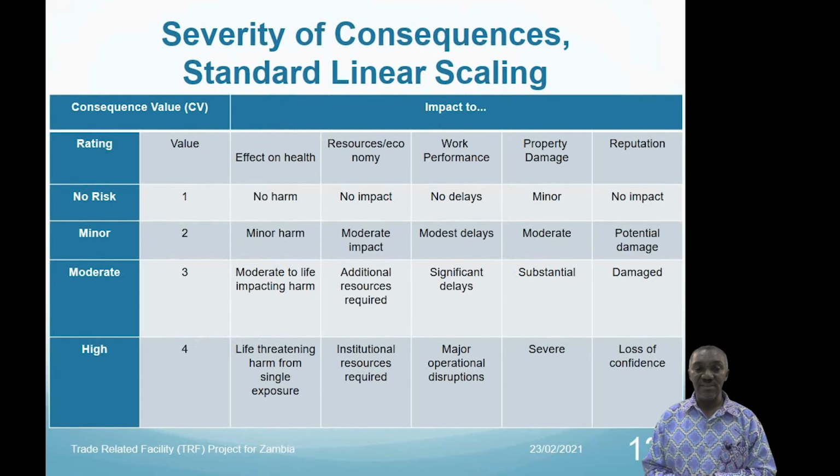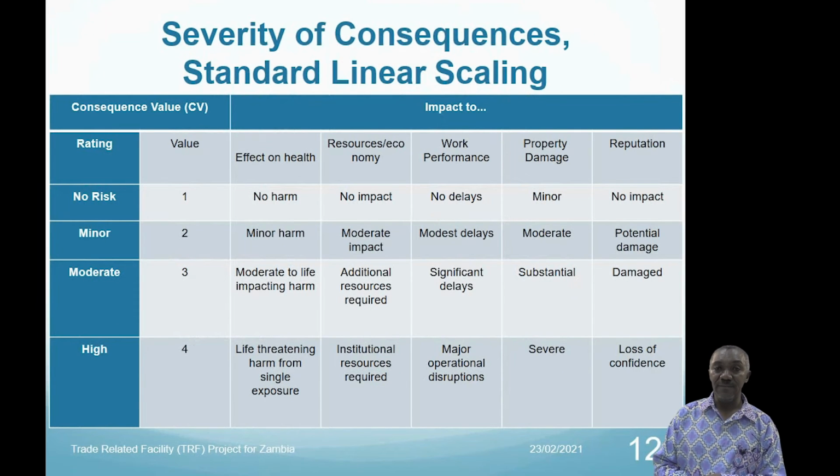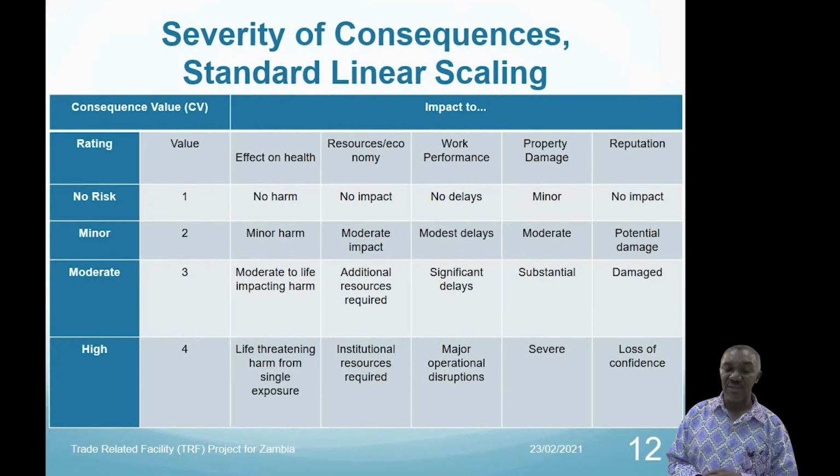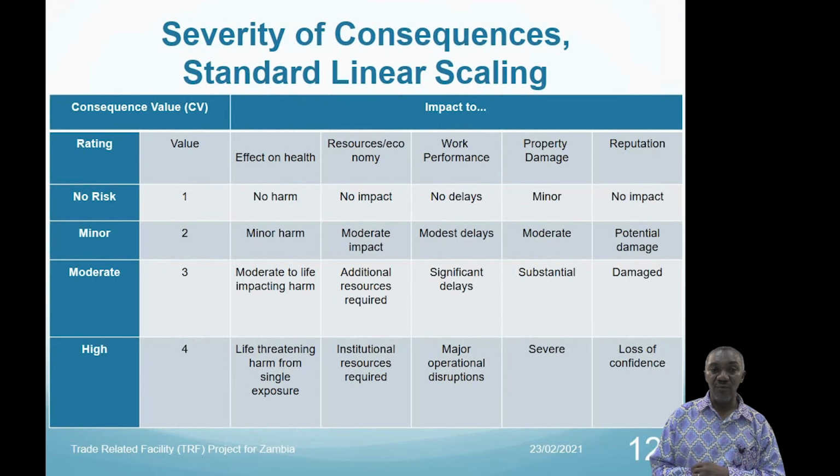Now look at this. These are the scales for the consequences using the scale. On the extreme left, you find the rating of the consequences, which is no impact, minor impact, moderate, and high impact. And the values there we have got 1, 2, 3, 4.